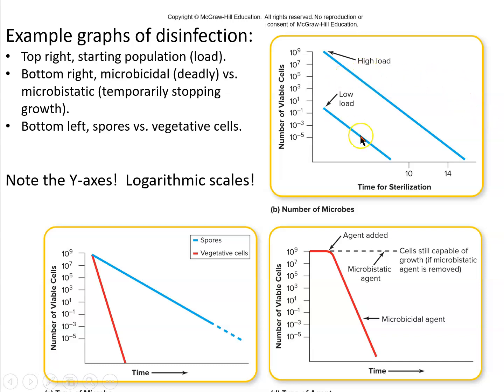But this is like a safety factor kind of thing, where you think, how long would it take, if we're calculating the decimal reduction time, how long would it take to get down to 1 cell and then below 1 cell? You could calculate that expected time, but to be on the safe side, you would want to keep going longer than that. And so that's why they have these extra powers of 10.